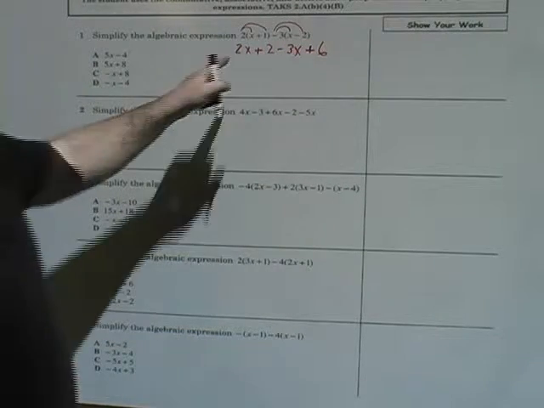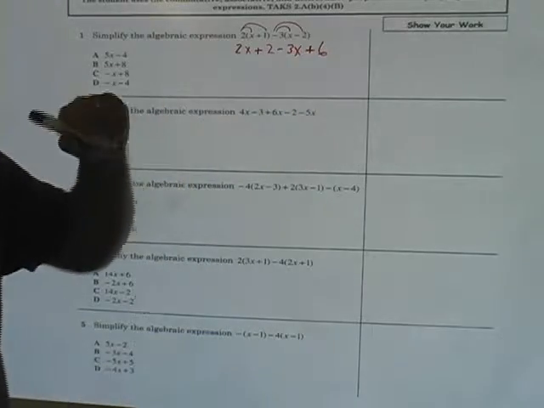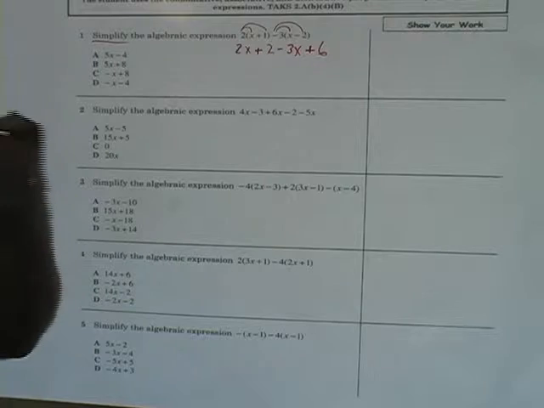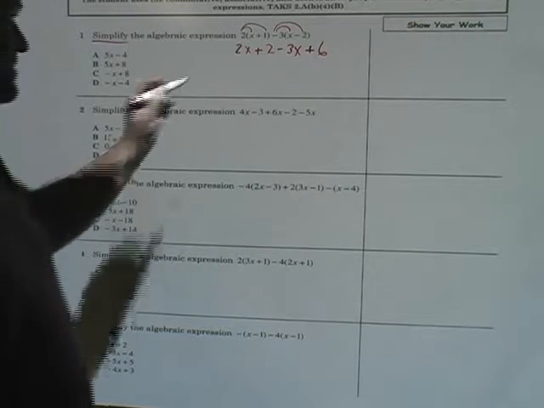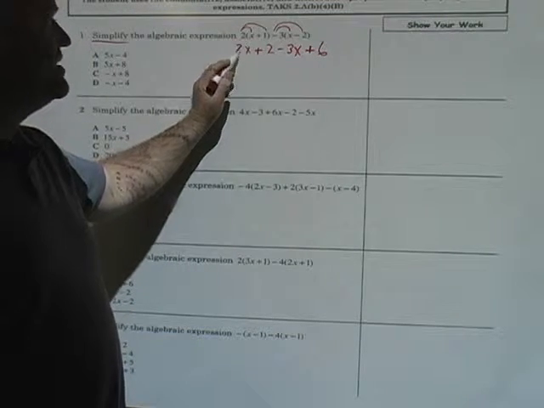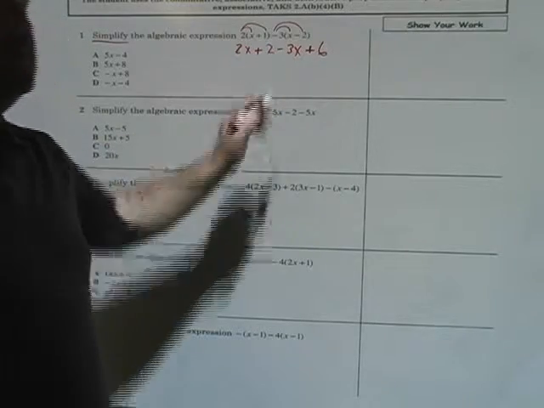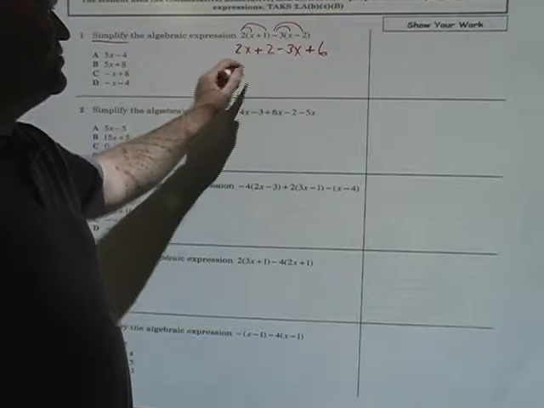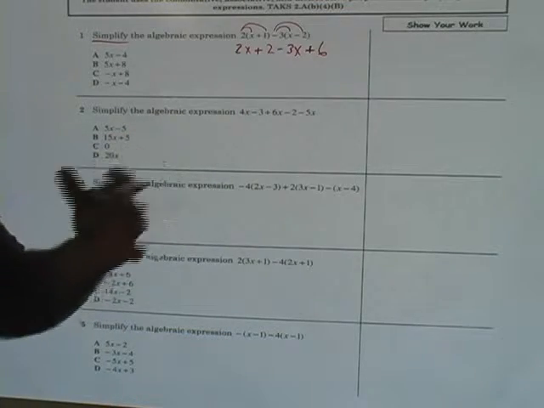Okay, then it's just a matter of combining like terms to simplify. So we want to simplify this as much as possible. So 2x and negative 3x, those are like terms that we can combine. 2x minus 3x. Take 2 minus 3.